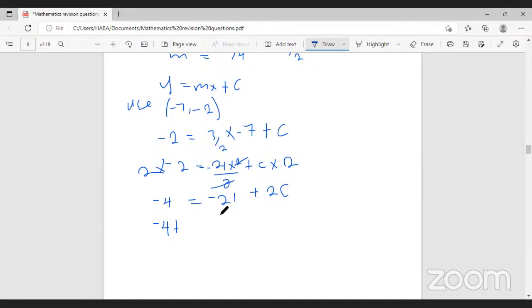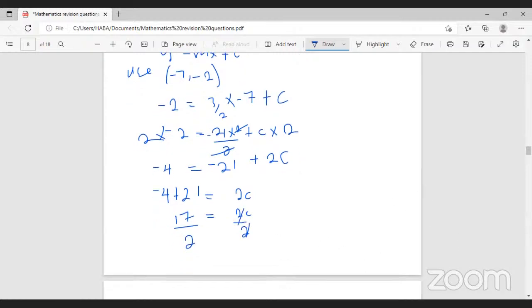So when 21 crosses the equal sign, it becomes positive, isn't it so? Yes. So 21 is equal to c. So -4 plus 21 is 17, which is equal to 2c. Here we divide by 2 and here by 2.